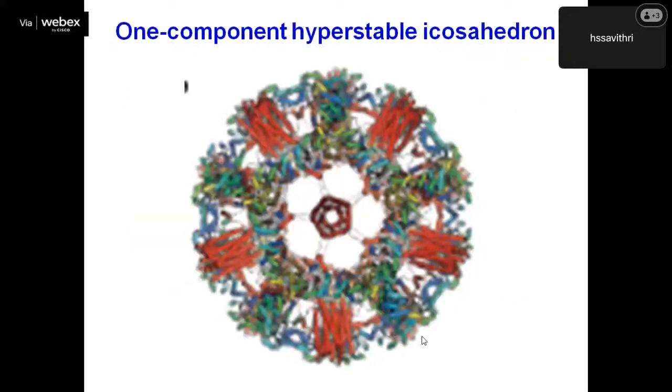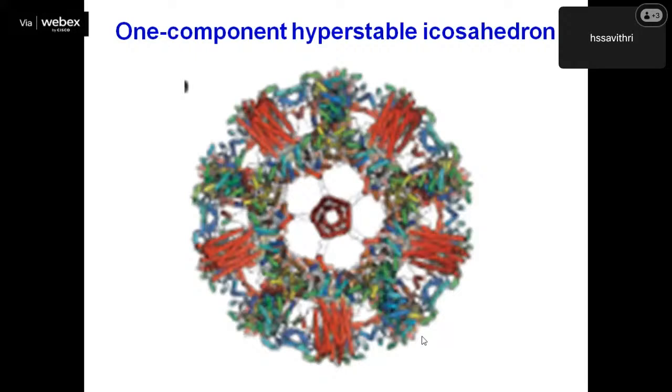This is the so-called icosahedron. This is the shape assumed by many viruses. And they have designed this. Virus is naturally occurring, but these proteins are designed to take icosahedral shape. These can be made into vaccines. How it is made is another whole story, which leads to another seminar. But these can be vaccine candidates, first of all.